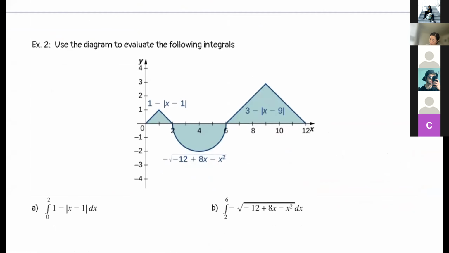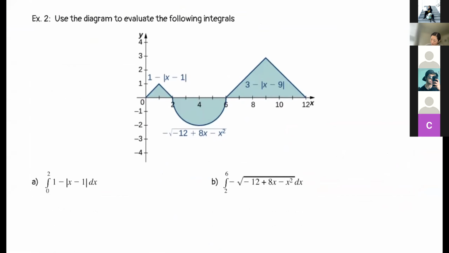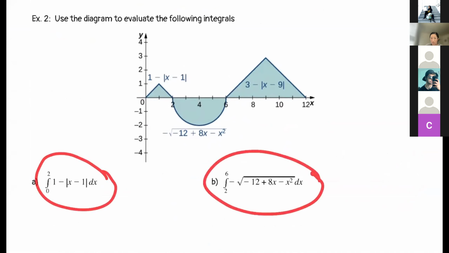All right, so we've got this diagram. Now all of these questions here are what we call definite integrals because they have a number at the bottom and a number at the top, right? These look really gross though.